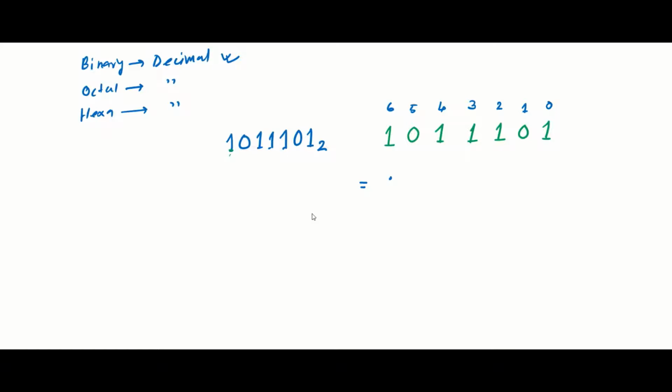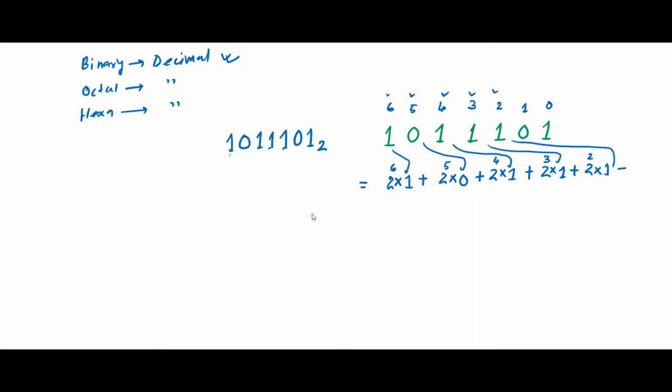See the formula: 2 to the power of that particular position, 6, multiplied with this number, 1, plus 2 to the power 5 multiplied with 0, plus 2 to the power 4 multiplied with 1, plus 2 to the power 3 multiplied with 1, again 2 to the power 2 and that number is 1 here, and next 2 to the power 1 and the number is 0.